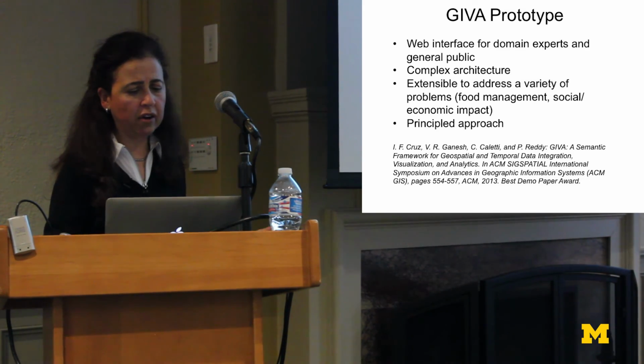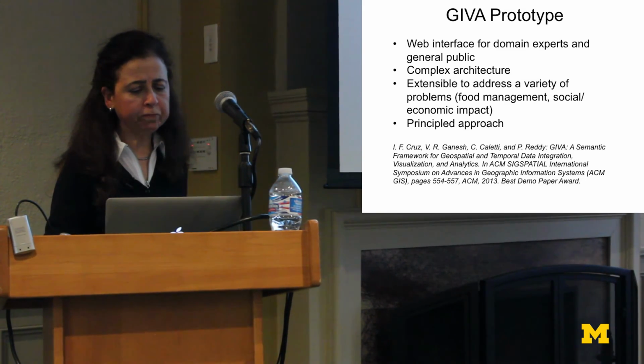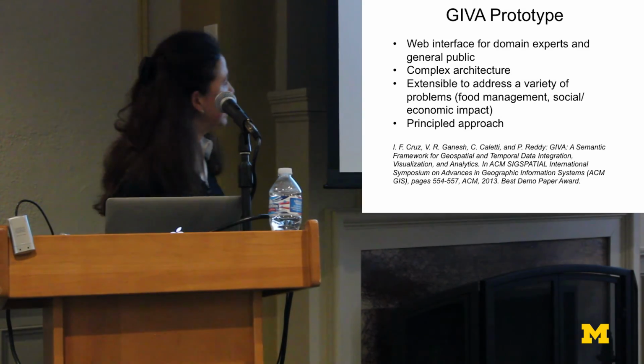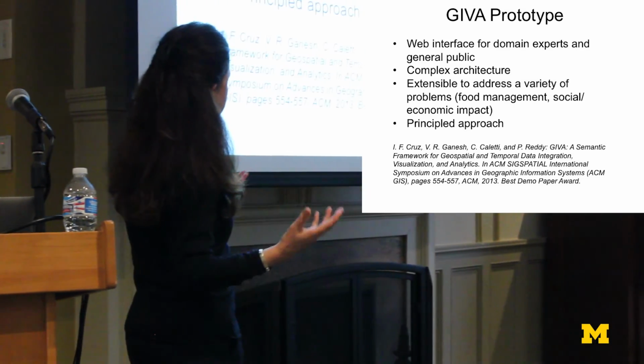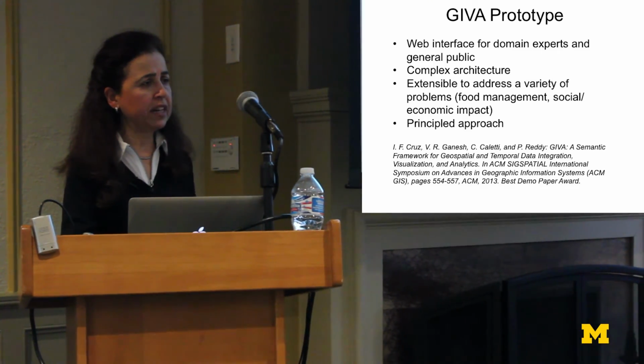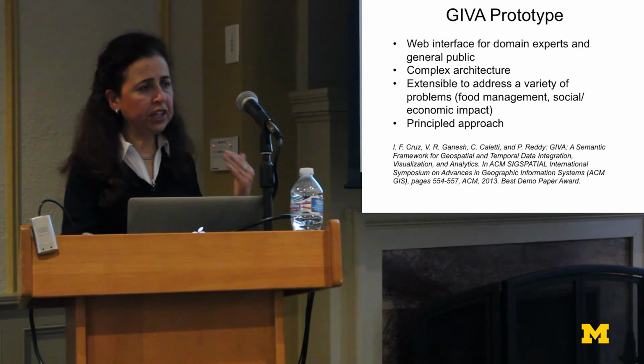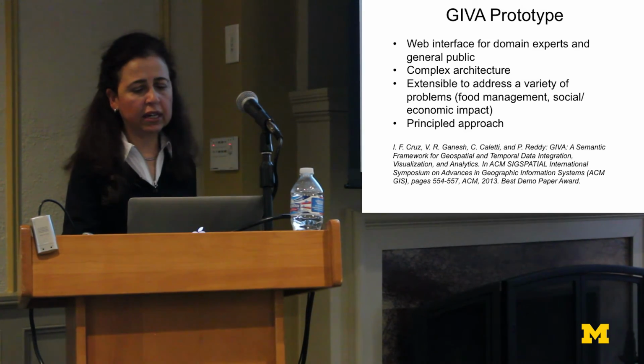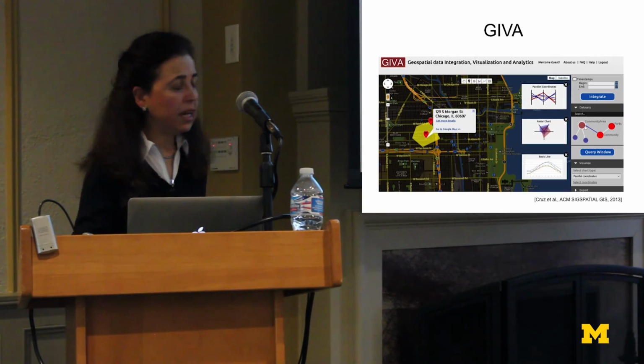There's a whole stack of components, and it should be extensible to address a variety of problems. The whole thing is to support this principled approach, so that things are not done just once, but that the results can be replicated by the domain scientists.